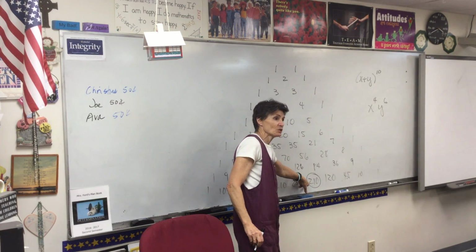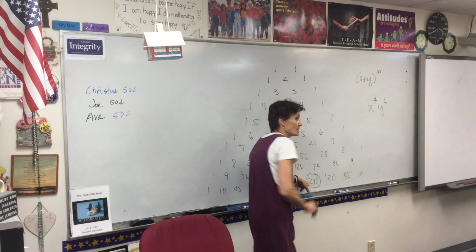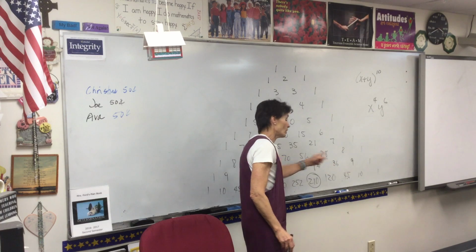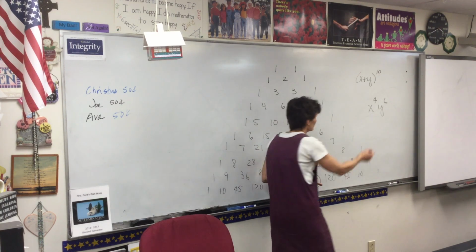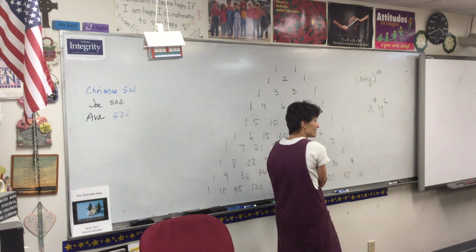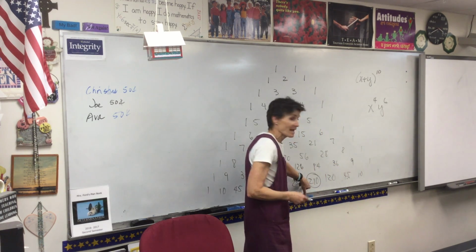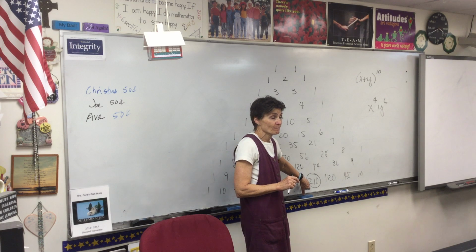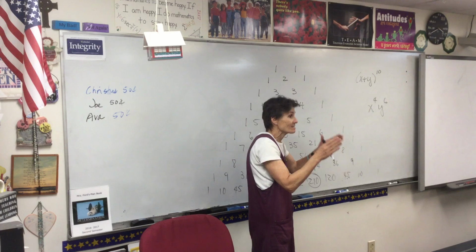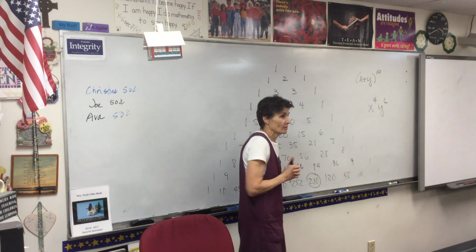Isn't this the coefficient that would have the x to the fourth attached to it? Or you could go the other way and do the y's. You want y to the 6, so here the y would be 10, 9, 8, 7, 6. So either way, that's the coefficient you're looking for. So the answer to the question is 210. It says, what is the coefficient? It's 210.